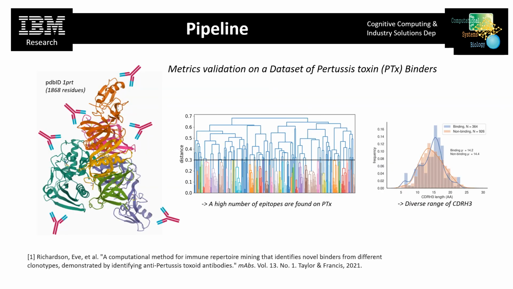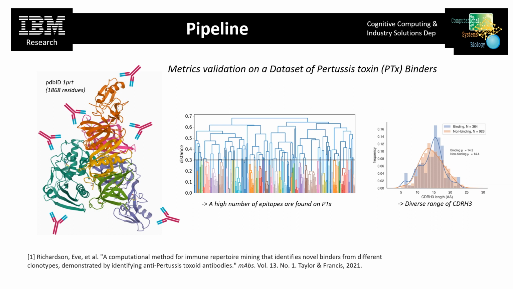We tested these approaches on a dataset where the ground truth was known. It was tested with ELISA whether the antibody is a binder or not of the Pertussis toxin.